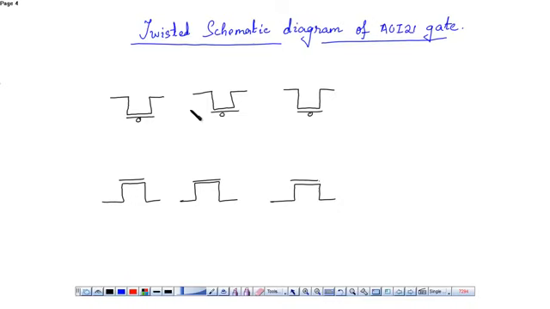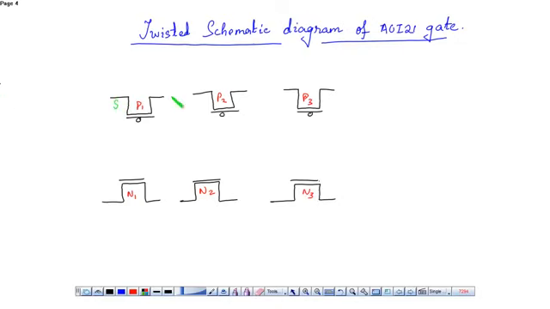So now the first thing is to label, write it as P1, P2 and P3. This is N1, N2, N3.